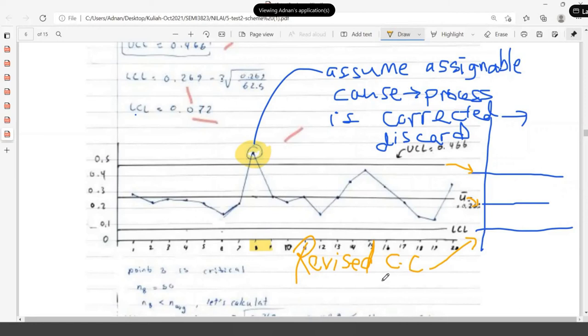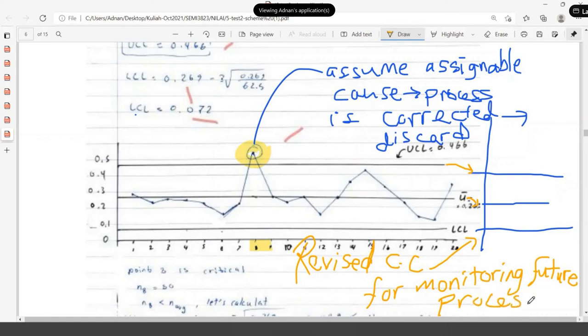You are monitoring this for monitoring future process, not for plotting the existing data. Okay, some people even in the implementation they may overlook this, but mungkin dia tak berapa clear dari segi konsep for monitoring future process. So meaning that you already have control limits for the next process.